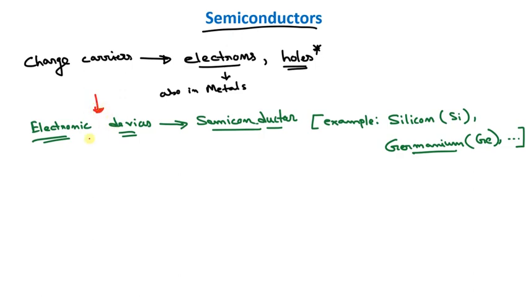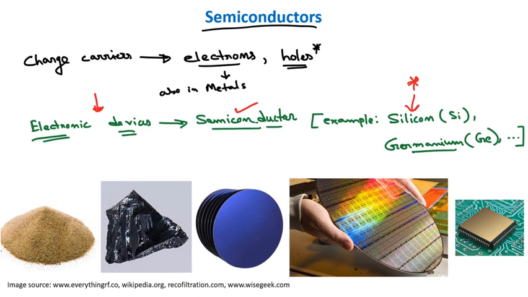As most of the electronic devices of today's world are made with semiconductors, and primarily silicon is used as the material, let us see how these devices are actually made from silicon. Let me paste one image. Yes, this is the image. What is the starting material for all these semiconductor devices?